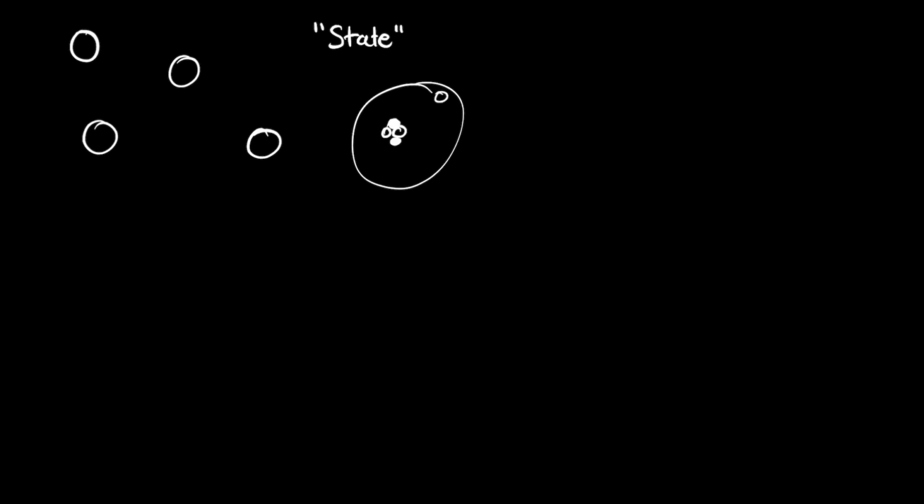The electrons can occupy certain states. If one is in the shell closest to the nucleus, it has this energy state. If it jumps up one, it has the next energy state up. Of course, quantum mechanics tells you that these states are quantized.